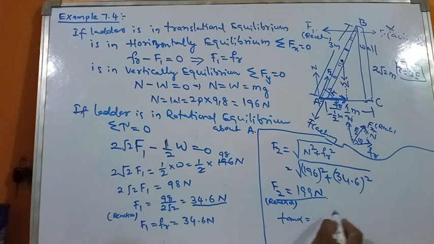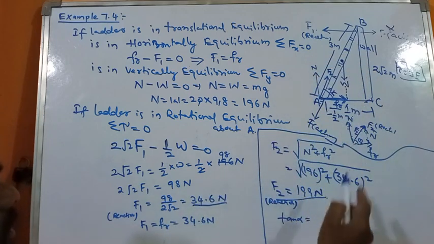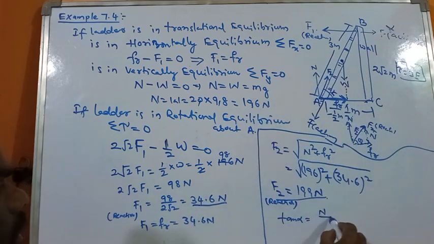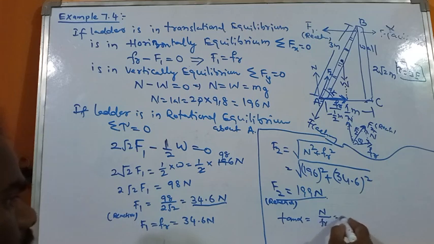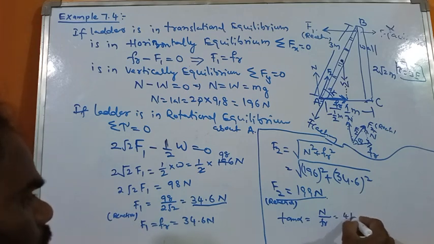tan alpha is equal to the opposite side, which is nothing but the normal reaction, that is N by Fr, which maybe we got as 4 root 2.